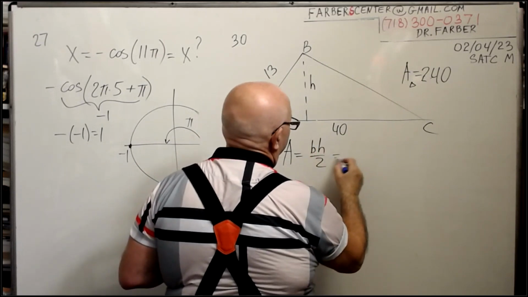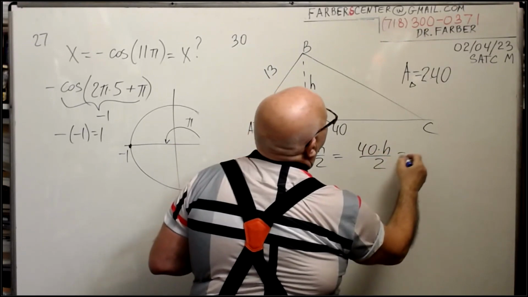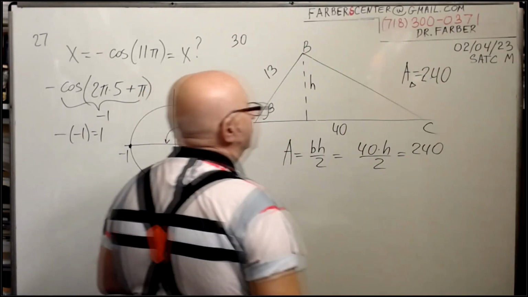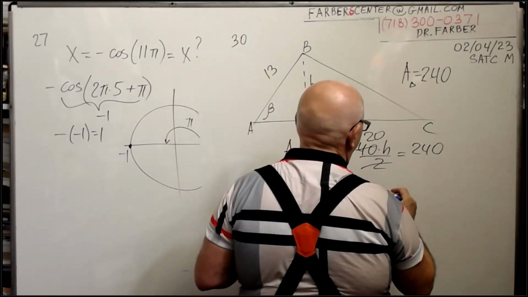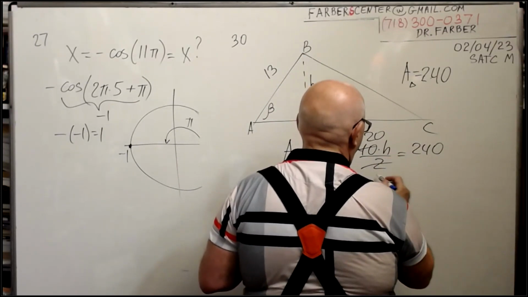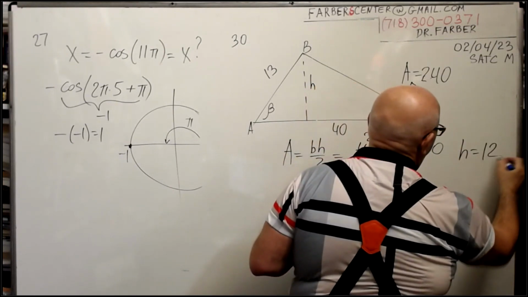In our case, it is 40 times H over 2 equals 240. After simplification this is 20 times H; if you divide both parts by 20, I get H equals 12.